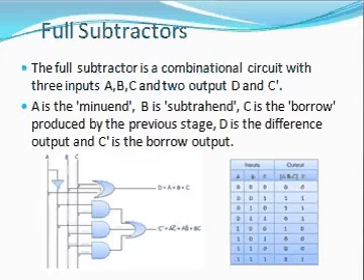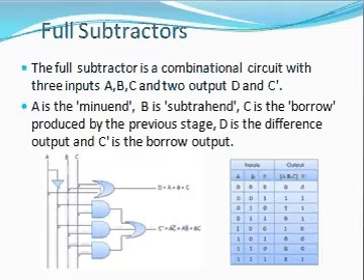Next is a full subtractor. It's a combinational circuit with three inputs A, B and C and two outputs, difference and borrow, which is denoted by C bar. A is the minuend, B is the subtrahend and C is the borrow produced by the previous stage.